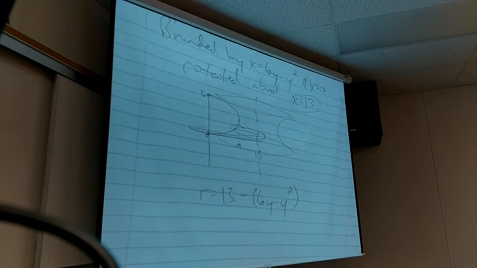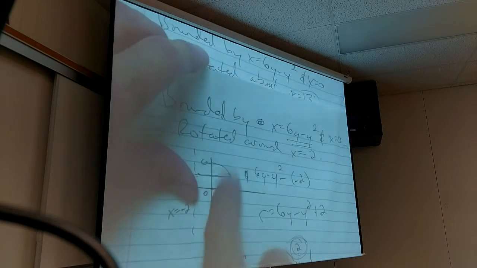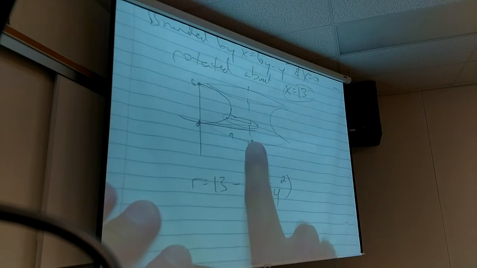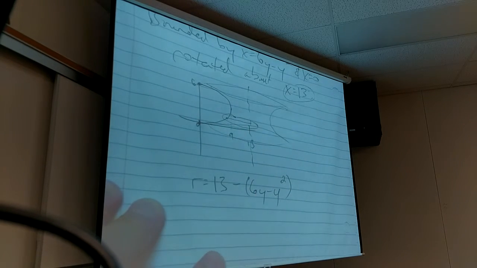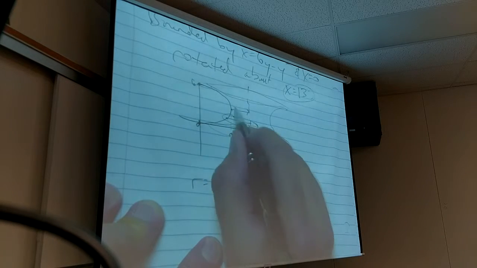So I want you to see the connection here. This one was the top minus this, to see how far away it is from that. Now, this is the top, 13, minus that. And tell me, right here, what should that number be for the radius?